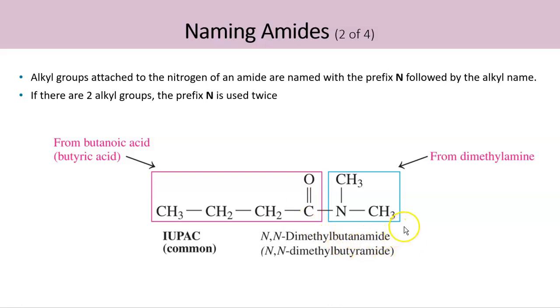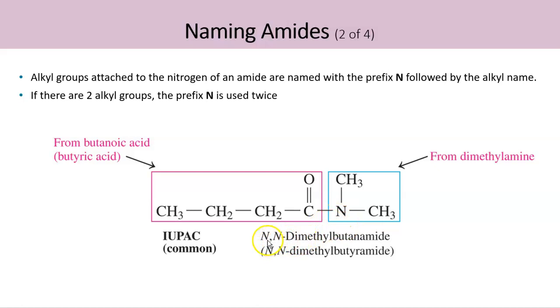Now, the second step is to look at the amine fragment. In the amine fragment, there are two methyl groups directly connected to the nitrogen atom. In this case, we need to use the prefix N twice to show that there are two methyl groups attached to the same nitrogen atom.